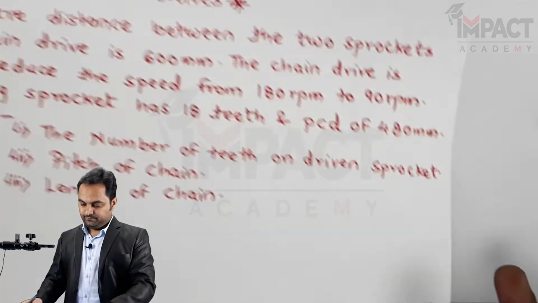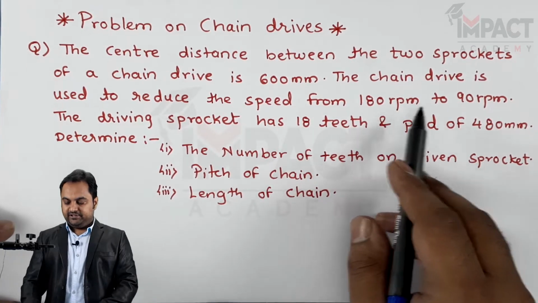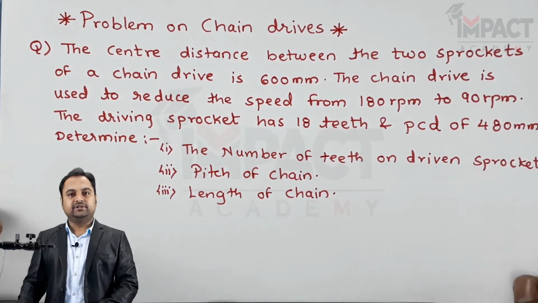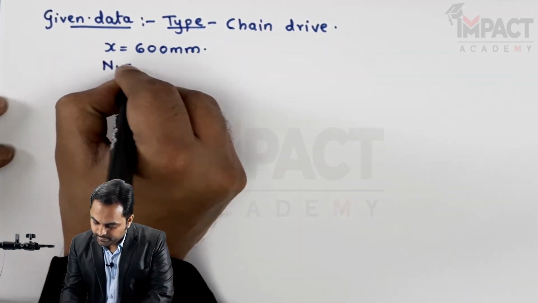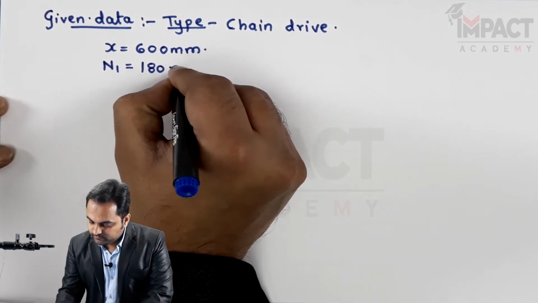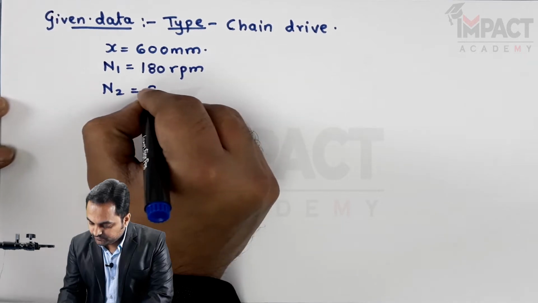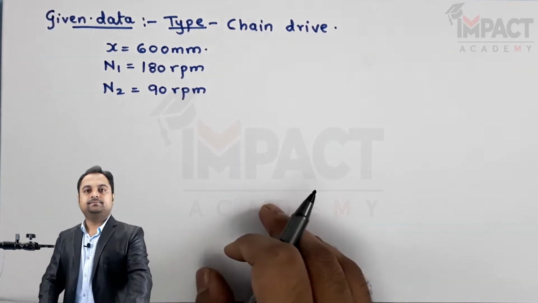Then the chain drive is used to reduce the speed from 180 rpm to 90 rpm. So this is the speed of the driving sprocket. I'll denote it as N1. So here N1 is 180 and the speed of the driven sprocket denoted as N2 is 90 rpm.